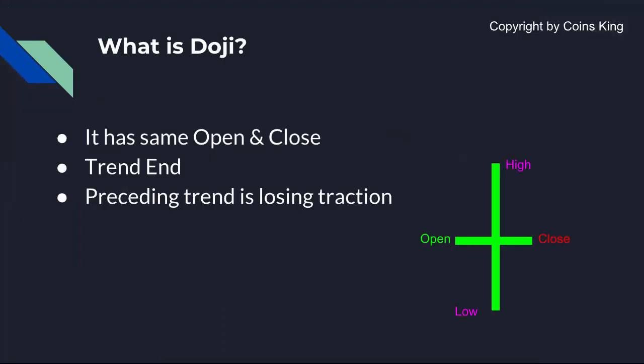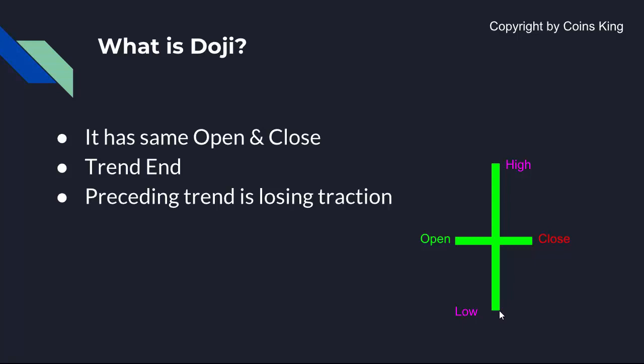First of all, let's have a look at the definition. What is a Doji? It has the same open and close. It means the market opens from this level and buyers got activated and try to put the market in an uptrend, but they got rejection from these higher prices because the sellers got active and tried to put the market in a downtrend.